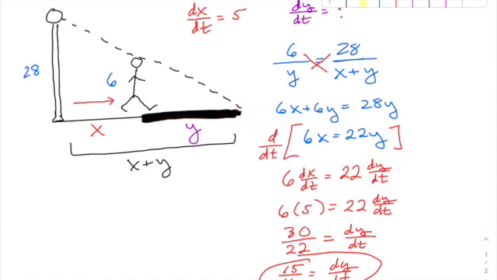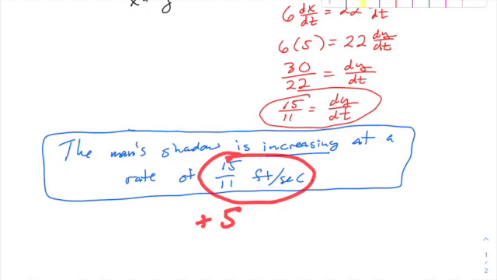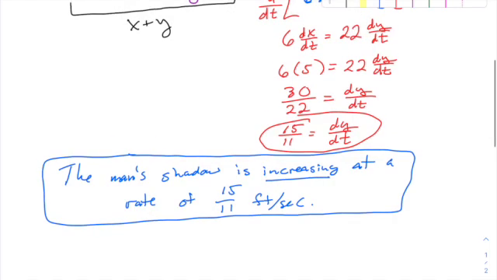So what you really are doing is the sum of his walking speed plus his shadow length speed. So if you were looking for how fast the tip was moving, you would take this 15 elevenths and then add in his walking speed, which is 5, and that gives you that cumulative total speed that the tip is moving at. But they didn't ask for that here, but I thought I'd throw that in just for fun, to reward those people who are still listening to this.